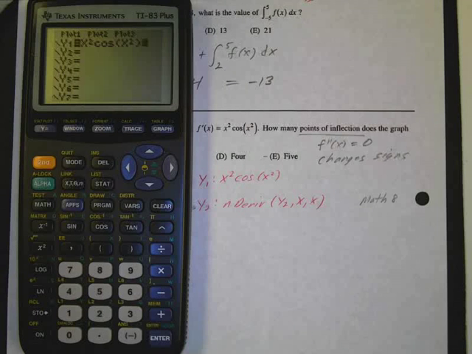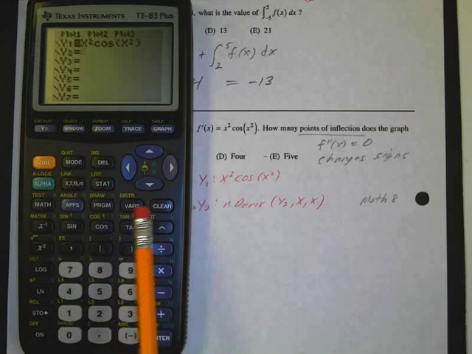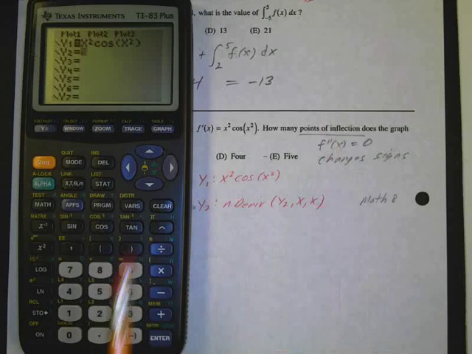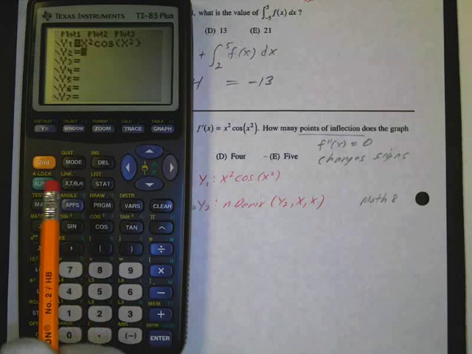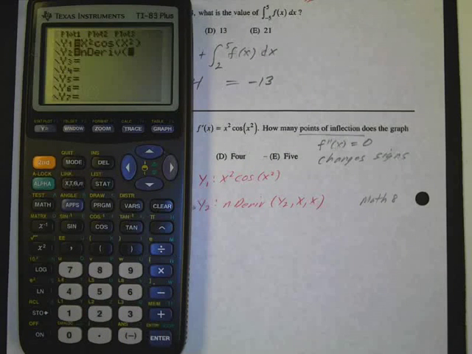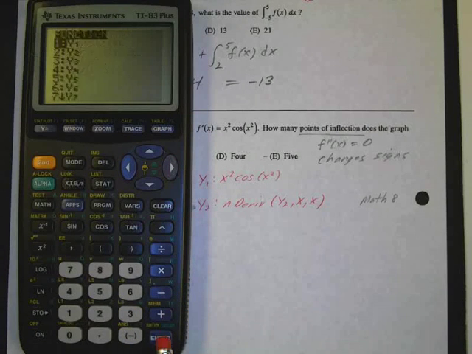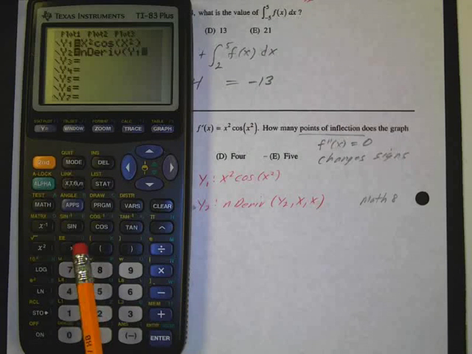We're interested in the second derivative, so we want to look at the graph to see where we have sign changes and where we have zeros. So we'll go down here and take the derivative of this, and you can do this on the graph, with math 8, like we take a derivative. Then we're going to put y1 in there, so we'll just use vars, y vars, enter, enter.